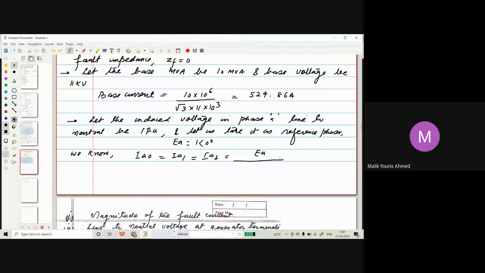Now here, what is the amendment we'll be doing? Z0 plus Z1 plus Z2 plus ZF. If the neutral was grounded through a reactance, then we would have used ZG0 plus 3Zn, but this is not the case.